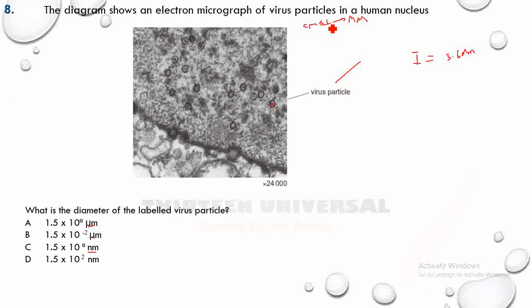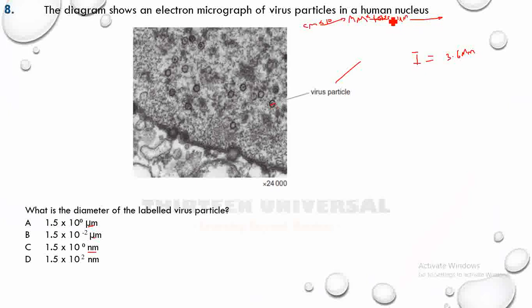You can move from centimeters to millimeters by multiplying by 10. Then from millimeters to micrometers, you multiply by 1000. And from micrometers to nanometers, you multiply by 1000 again.